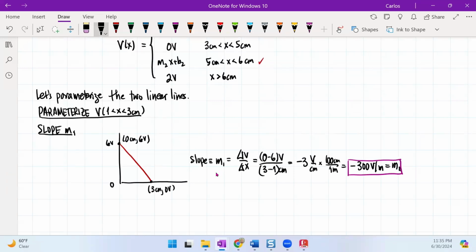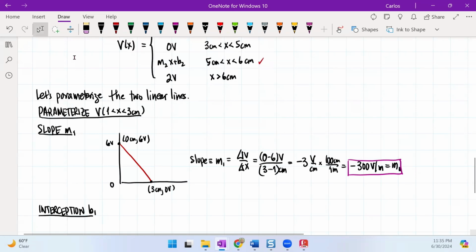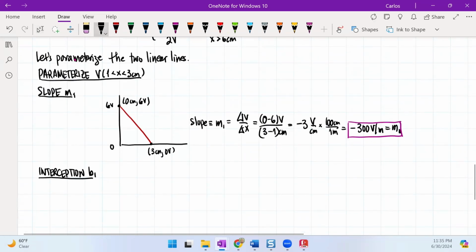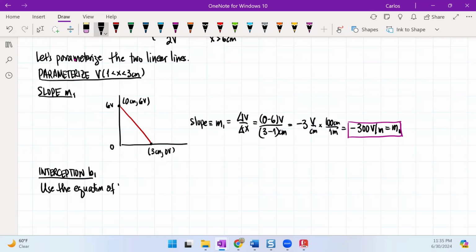So now let's do the same thing for the intercept. I'm going to use the equation of a line and pick one easy point.